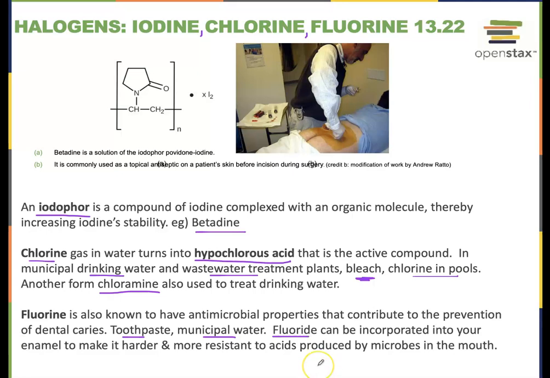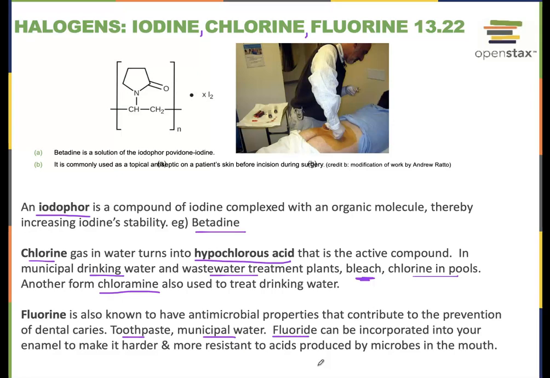How that happens, and we'll talk about cavities later, but the microbes in your mouth, when they have a chance to ferment the sugars, right? So the glucose and the sucrose in candy, right? This is why candy is so bad for cavities, is that the bacteria in your mouth ferment the sugar. When they ferment the sugar, they make acids.